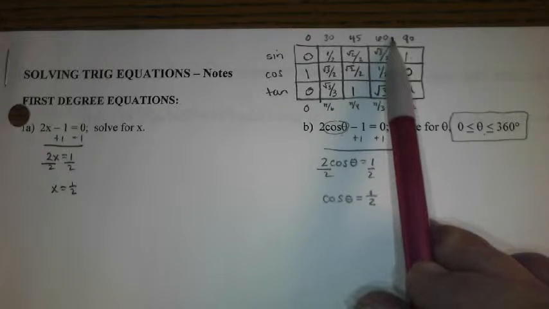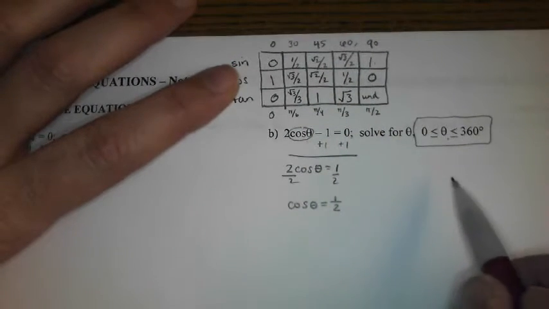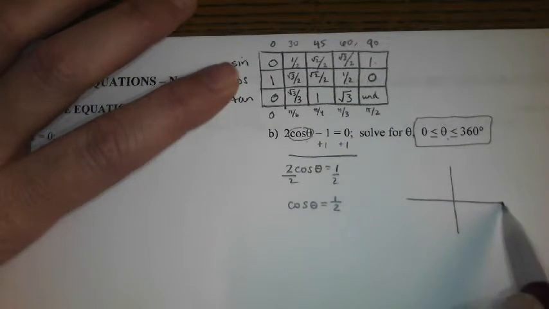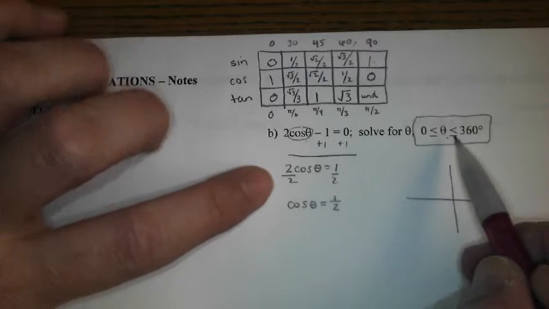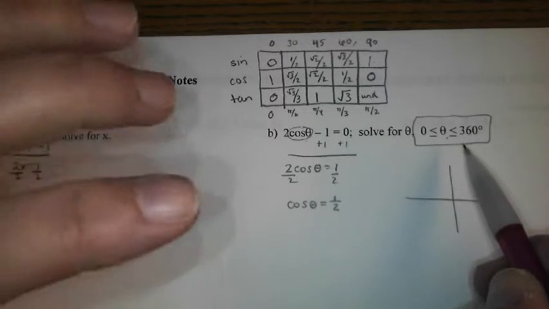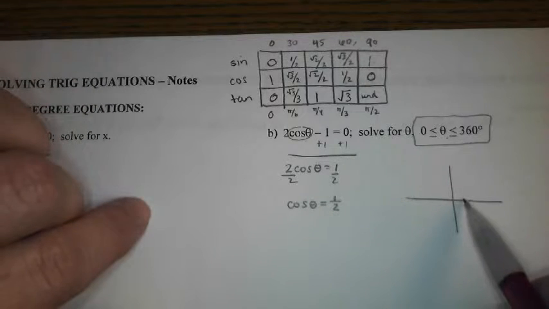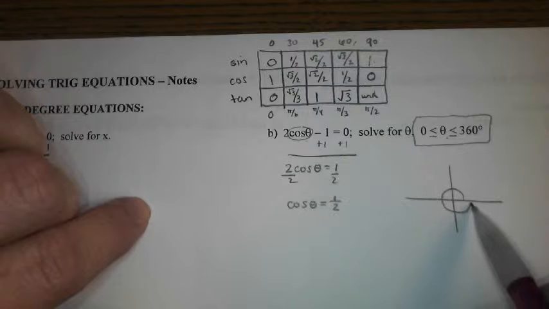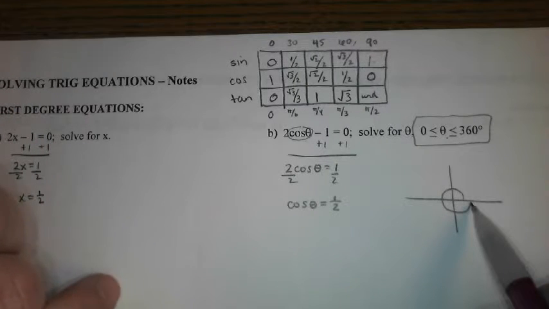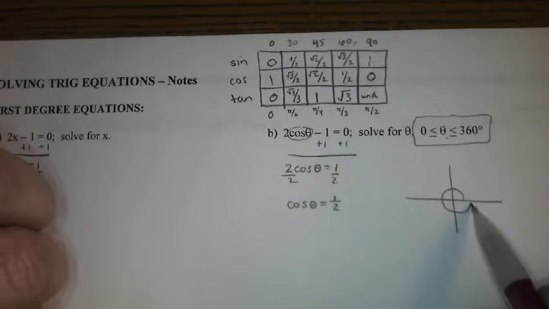Okay? Now, the trig concepts that, it's been a while, that we have to remember are, we want any and all, and that's where this is different than just a linear equation. There's multiple answers. We want any and all angles between 0 and 360. So really, we're going to go around one full revolution and look for any place where the cosine equals positive 1/2.